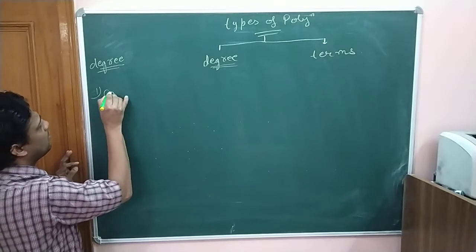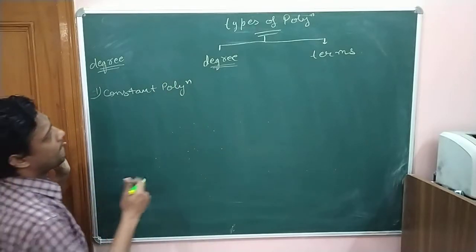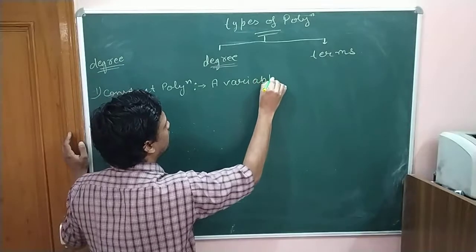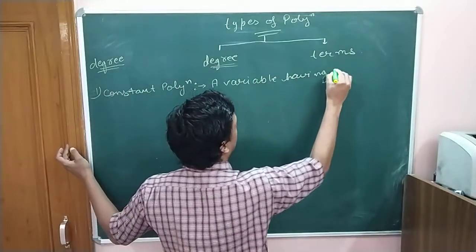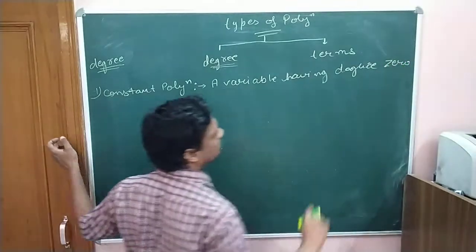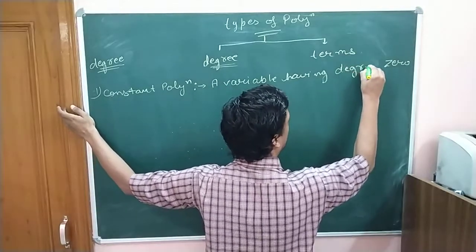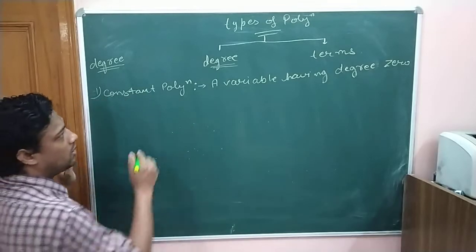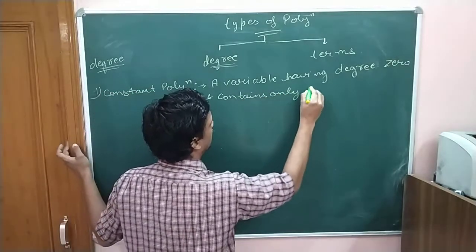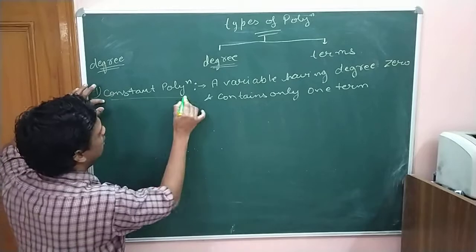First, constant polynomial. A polynomial having degree 0 and containing only one term is called a constant polynomial.